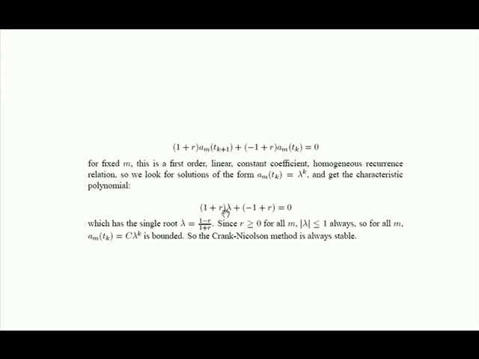Plug that in and we get our characteristic polynomial, and it's a first order characteristic polynomial, so it only has one root, (1 minus r) over (1 plus r). r is non-negative, therefore the numerator is always smaller than the denominator in absolute value, so lambda is always less than or equal to 1 for all m. So for each m, a_m has the form lambda to the k, where lambda is less than or equal to 1, therefore it doesn't grow.